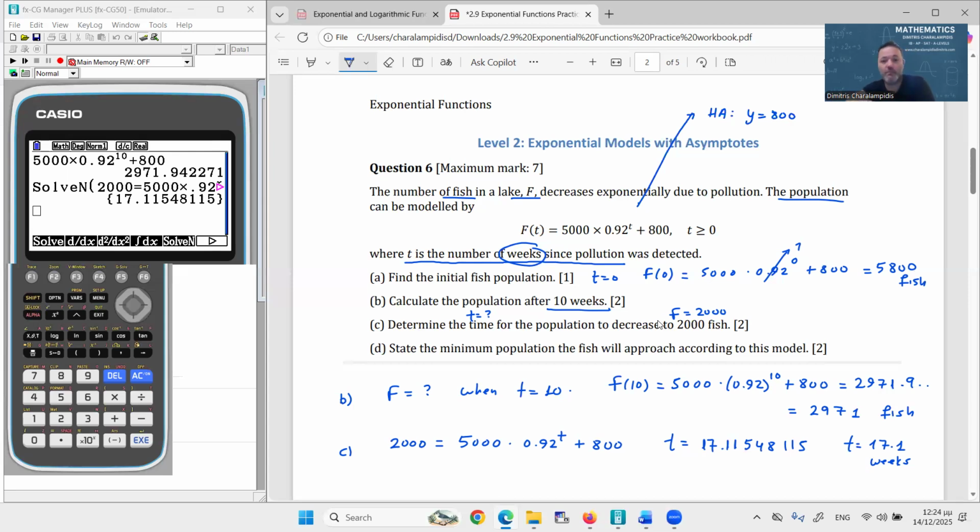So the minimum population the fish will approach according to this model would be 800, but if we want to be a bit smarter than that, they will never be exactly 800. So the minimum that they could get would be 801. Oh no, let's leave it 800 here.